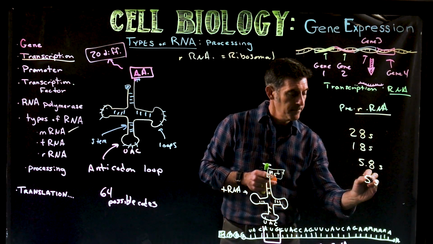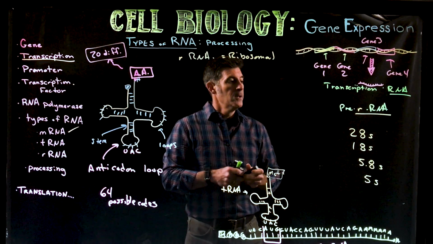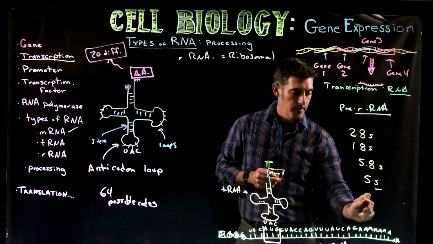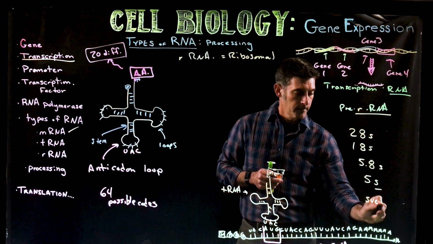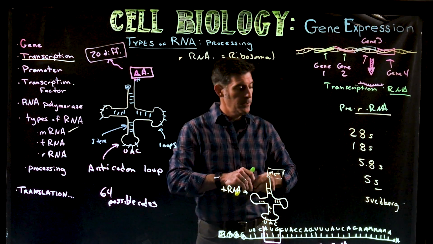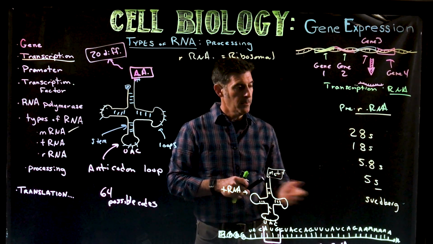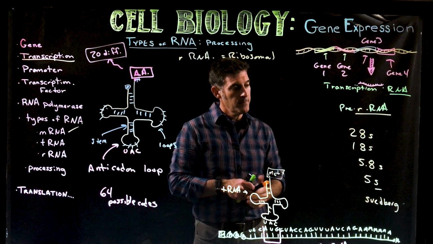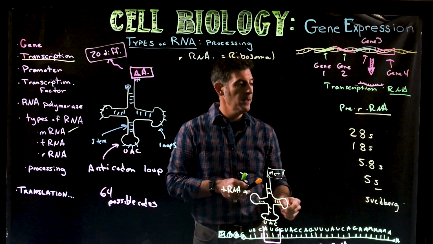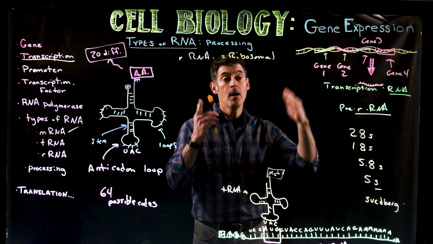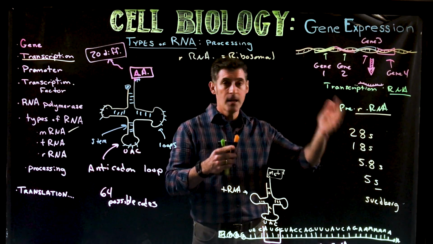So this S is a unit of measure. It's a Svedberg unit. This has to do with the overall density of the pieces, which has to do with their size. Okay, so 28 is the biggest, 5 is the smallest, and the pre-ribosomal RNA is then cut up into sections of these particular lengths.